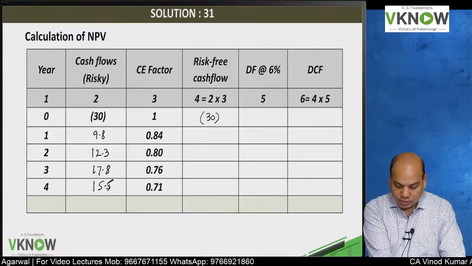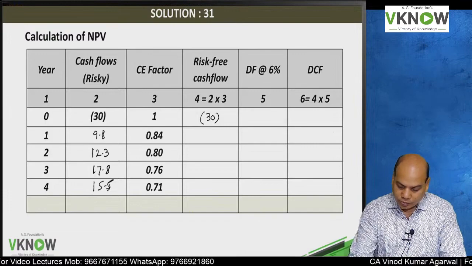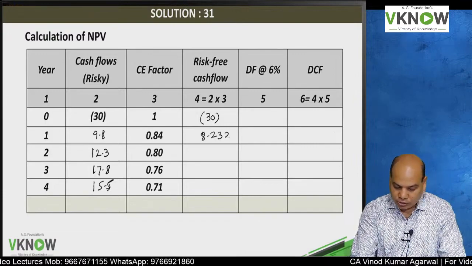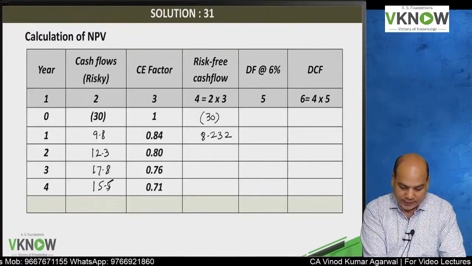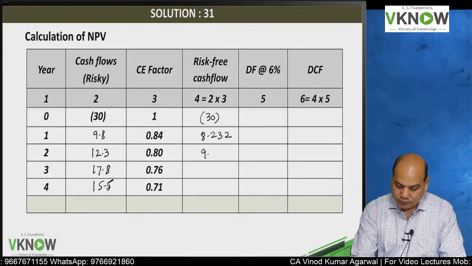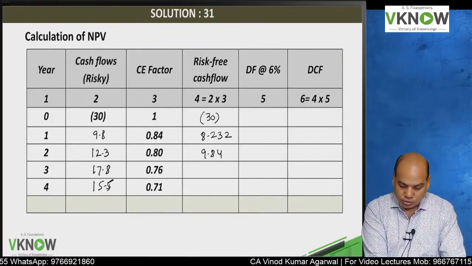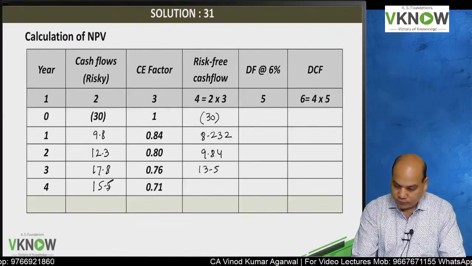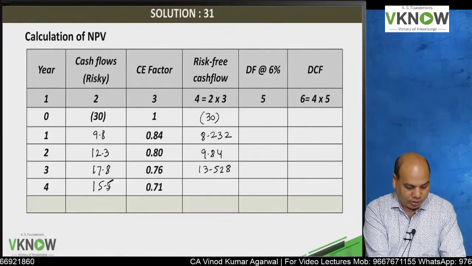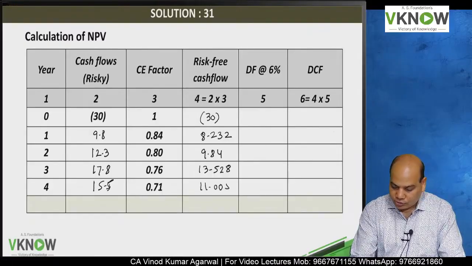Then you multiply 9.8 into 0.84. This is 8.232. 12.3 into 0.80 is 9.84. 17.8 into 0.76 is 13.528. 15.5 into 0.71 is 11.005.